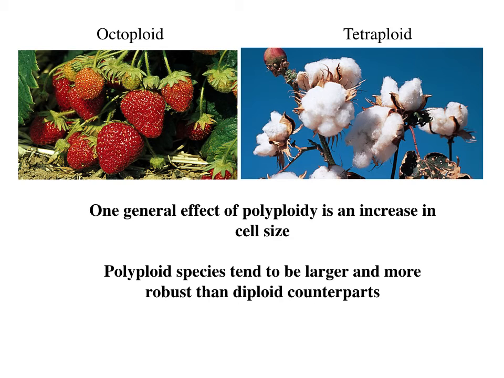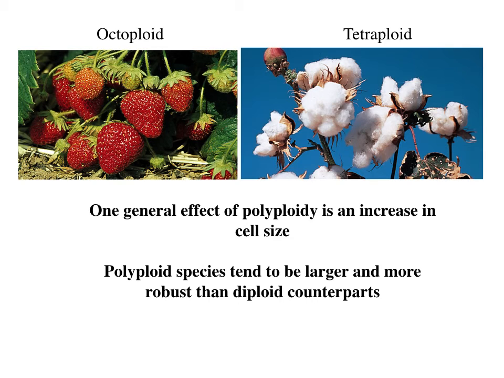One of the reasons that we find a lot of our food crops are polyploid species is that a general characteristic of a polyploid is that it increases the cell size, and the polyploid species also tends to be larger and more robust than the ancestral diploids.